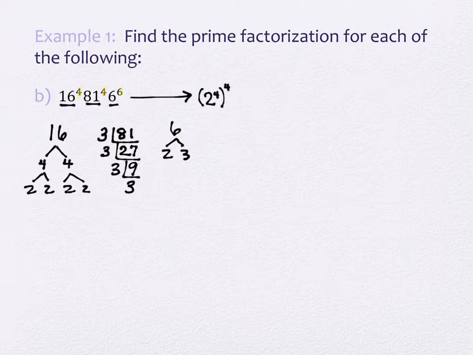So this is 2 to the 4th to the 4th. The 81 is also 3 to the 4th. But the 81 had a power of 4 on it as well. The 6 is 2 times 3, and it has a power of 6.